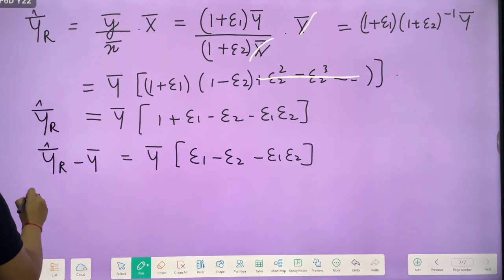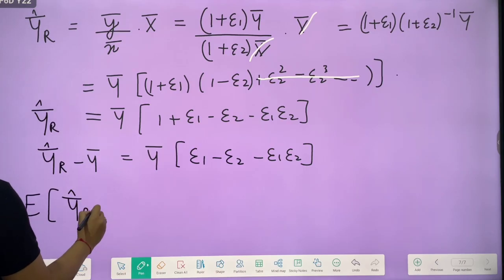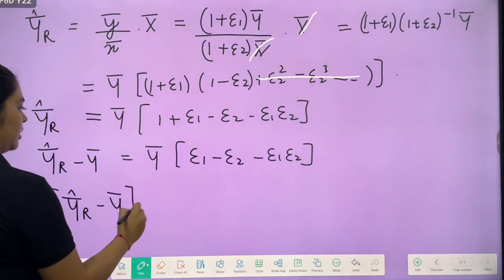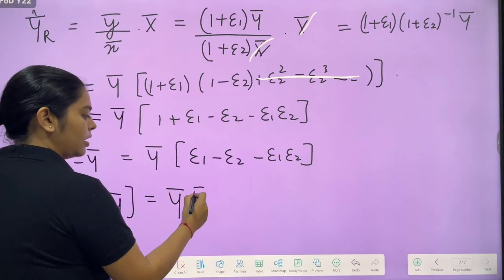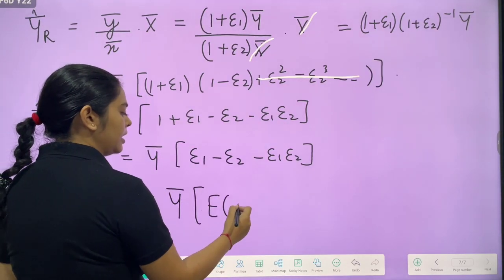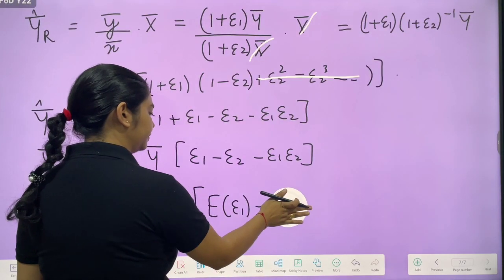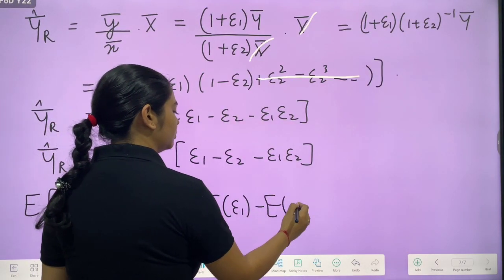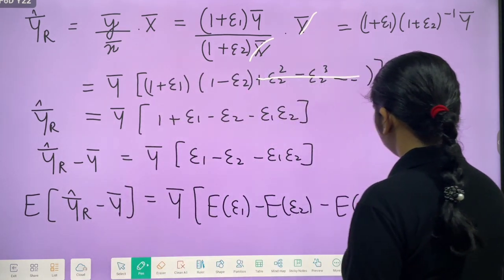Taking the estimation on both sides. Estimation of Y hat R minus Y bar is nothing but Y bar, because estimation will not apply to this, we will take the estimation inside: estimation of epsilon 1 minus estimation of epsilon 2 minus estimation of epsilon 1 into epsilon 2.